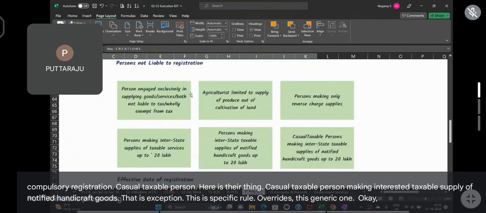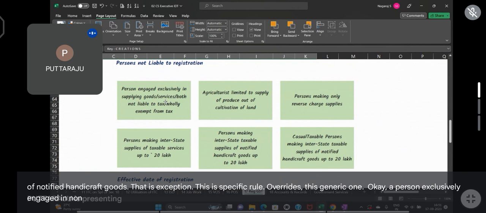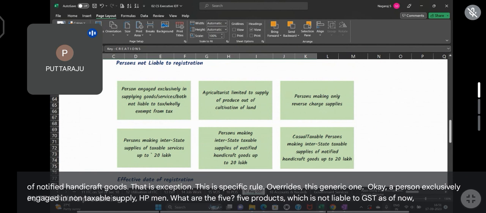A person exclusively engaged in non-taxable supply, HP man. What are the five products which are not liable to GST as of now? Can anyone tell me?